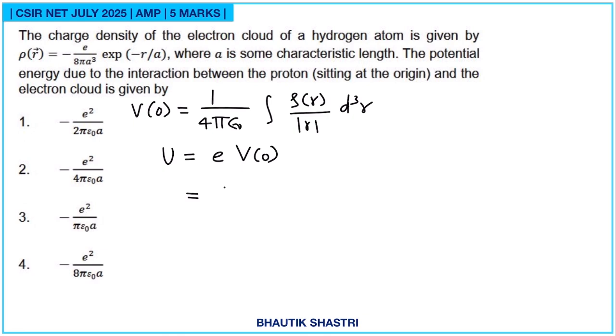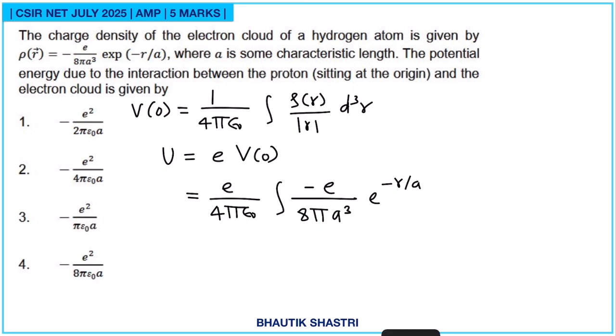So this will be equal to e upon 4 pi epsilon naught integration, rho of r is minus e upon 8 pi a cube exponential minus r by a, and this will be 4 pi r square dr, r taking values from 0 to infinity.